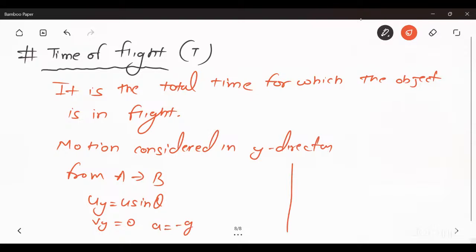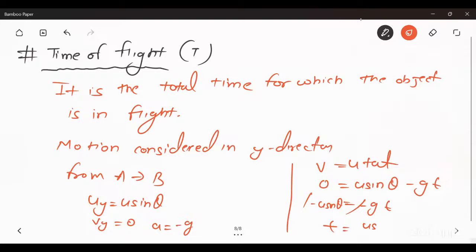So apply the equation of motion v is equal to u plus at. v is 0, u is u sin theta, minus gt. So t will become u sin theta by g. So the time required by the body to travel from A to B is u sin theta by g.